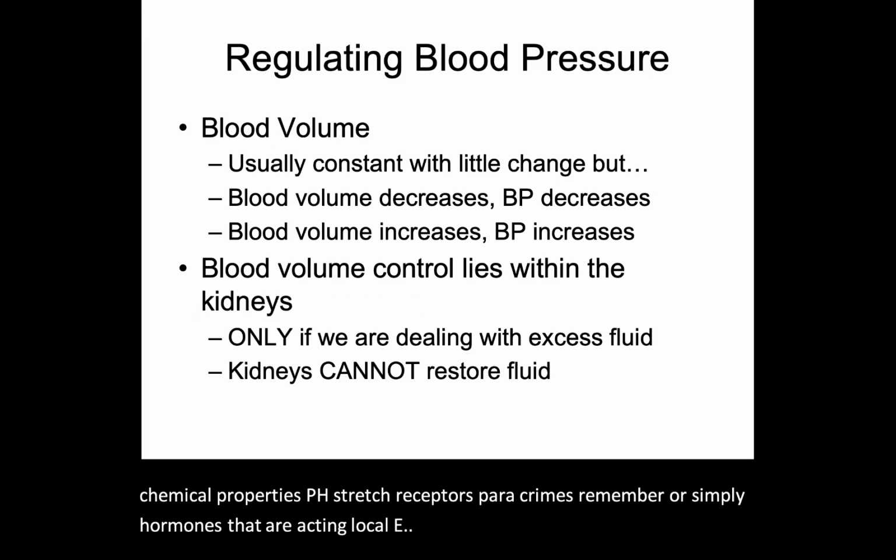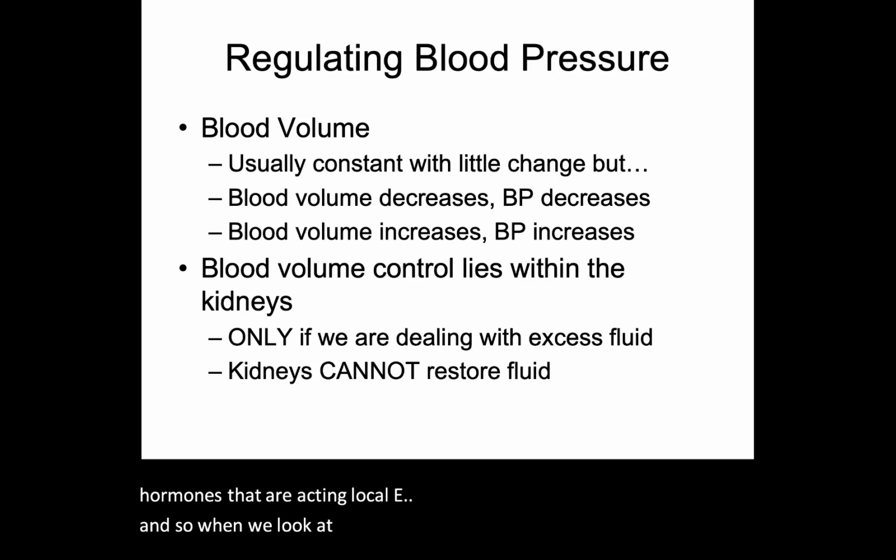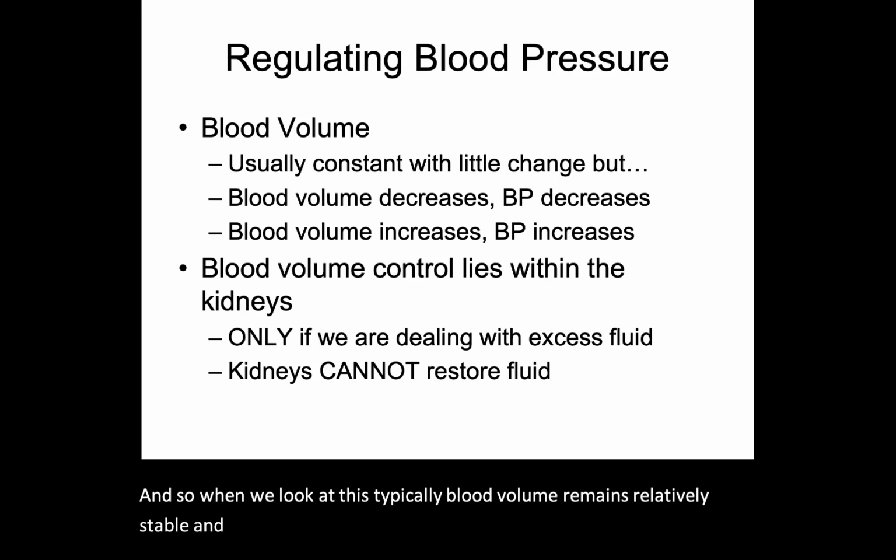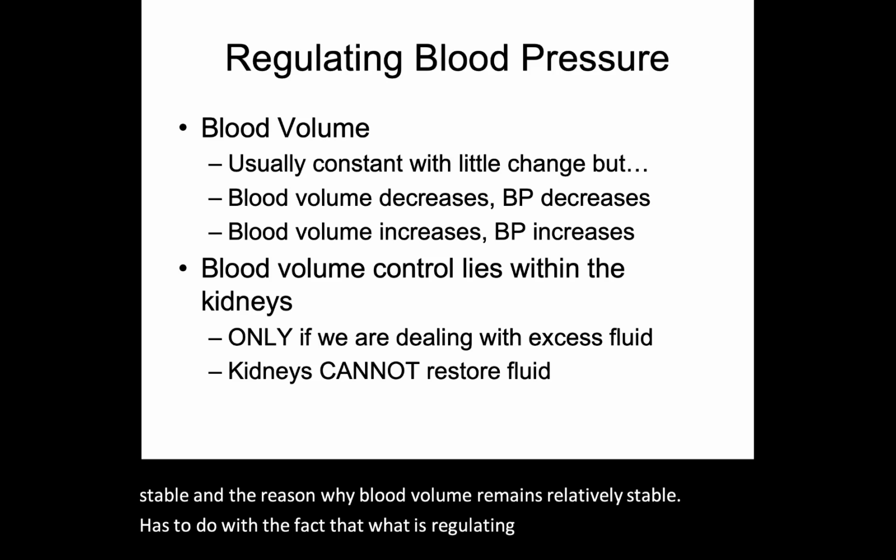And so when we look at this, typically blood volume remains relatively stable. And the reason why blood volume remains relatively stable has to do with the fact that what is regulating blood volume is the kidneys.